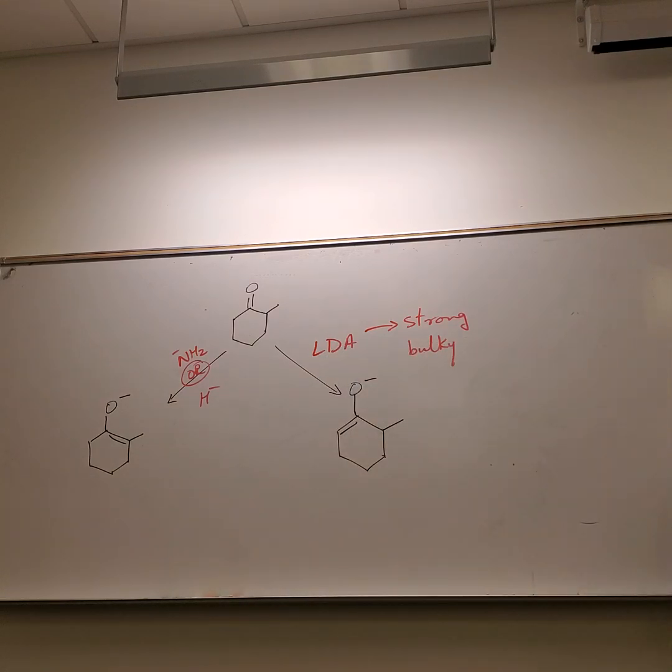Okay, so the next reaction we are going to talk about is the alpha alkylation reaction, meaning that we are putting an alkyl group in the alpha position for aldehydes, ketones, and esters.